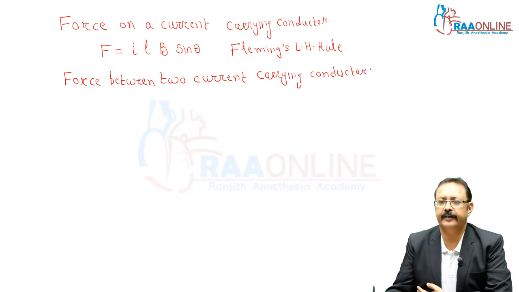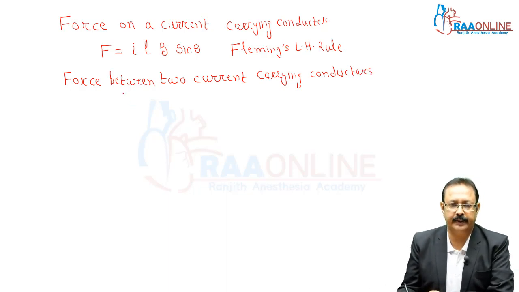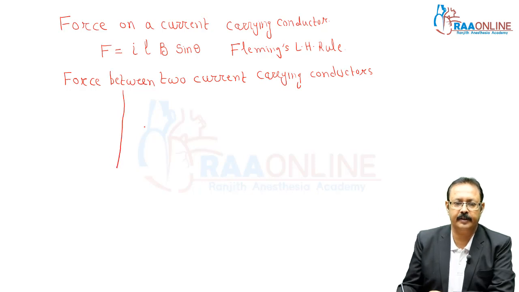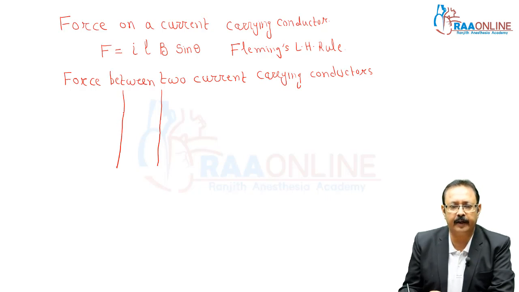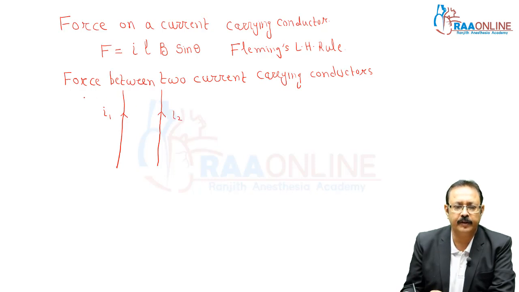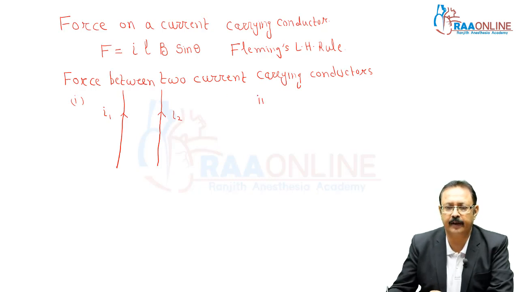See, one conductor is this, one conductor is this. Suppose current is flowing in the same direction. Two cases we will take, I1 current in this, I2 in this. Same direction. First we will discuss this, second we will discuss this. When current is in the opposite direction, what will happen then?